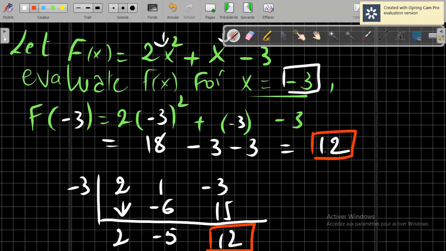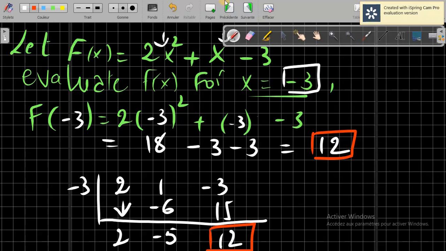So using synthetic substitution would give you the same answer, but synthetic substitution is better and you go way faster, especially if you have polynomial functions of order 3, 4, 5, 6, and so on.